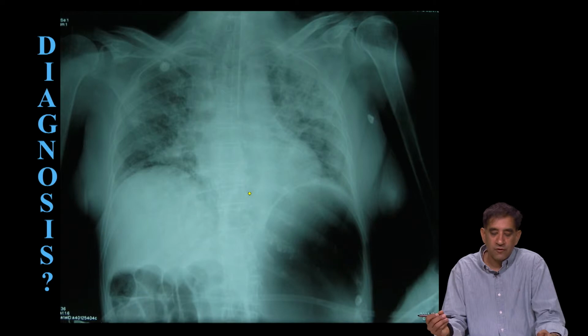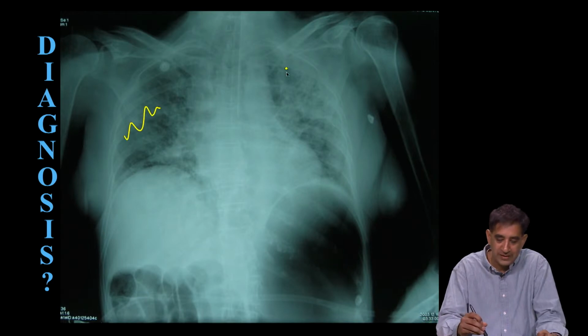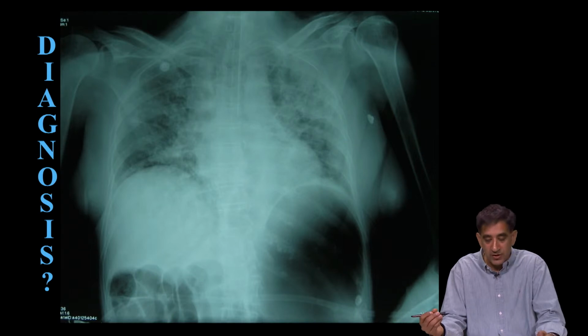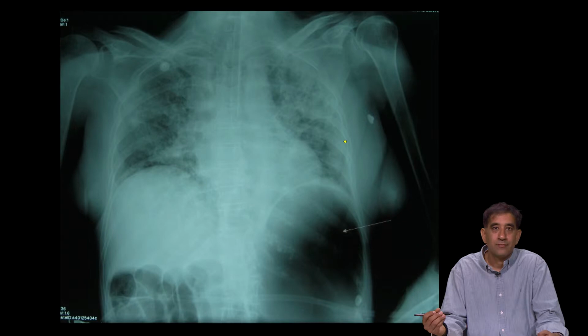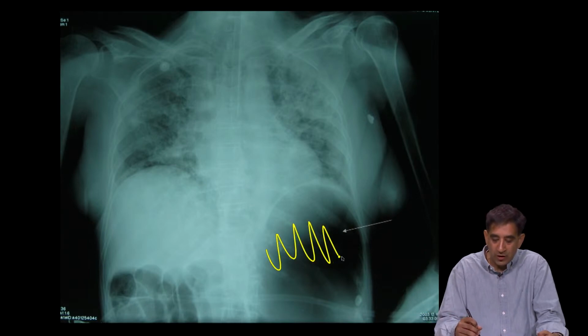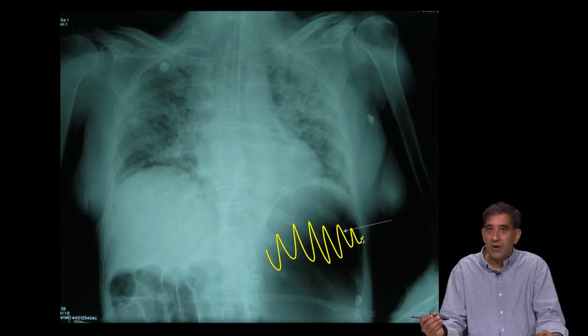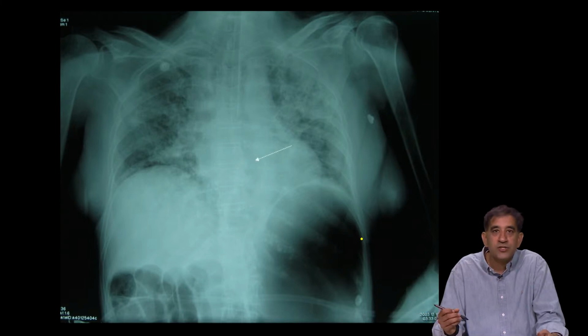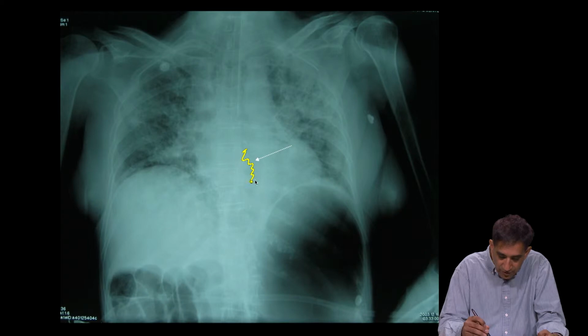Well, there are several things. There is some patchy airspace disease that we see on both sides, and certainly concerning for pneumonia, but that isn't the life-threatening diagnosis that this particular patient has. What is it? Well, we can see that this patient has a lot of gas in their stomach, and that is abnormal. This patient also has air in their esophagus.